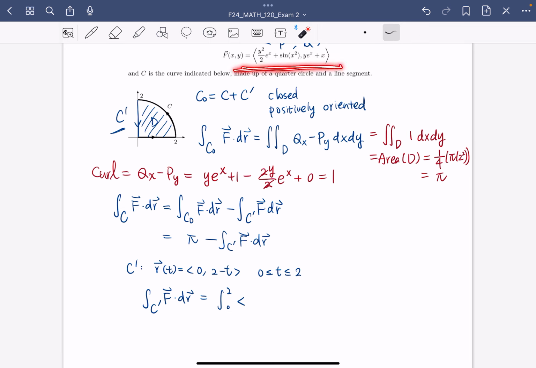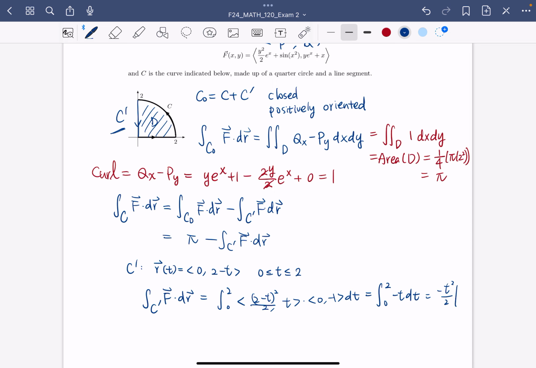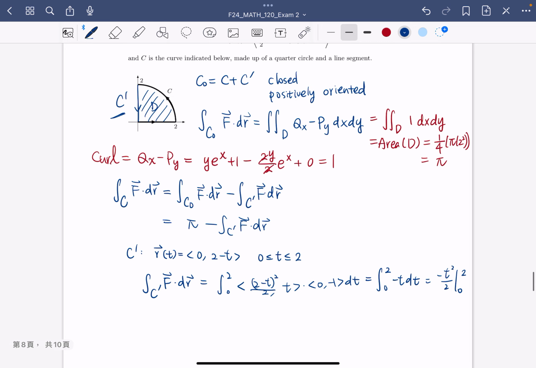I'm plugging 0, 2 minus t into this vector field f: 2 minus t squared over 2, t, dotted with 0, minus 1, dt. So we get this integral, and the answer is minus 2.